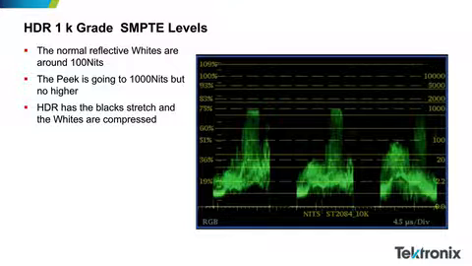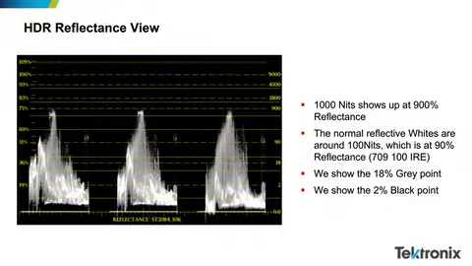Here's the same display, but looking at a reflectance view, because quite often we want to see where's our 18% neutral gray point, where is the 2% normal black, where is all of these different pieces.